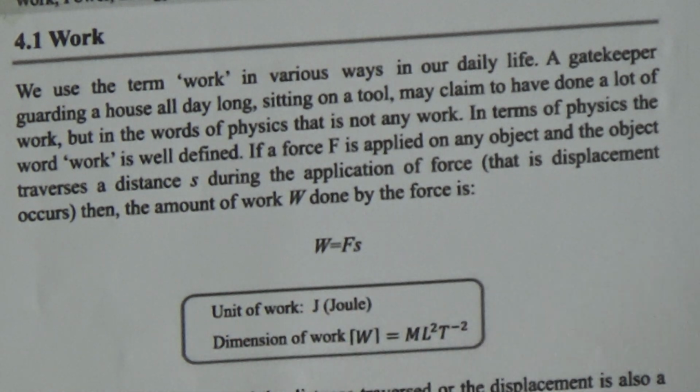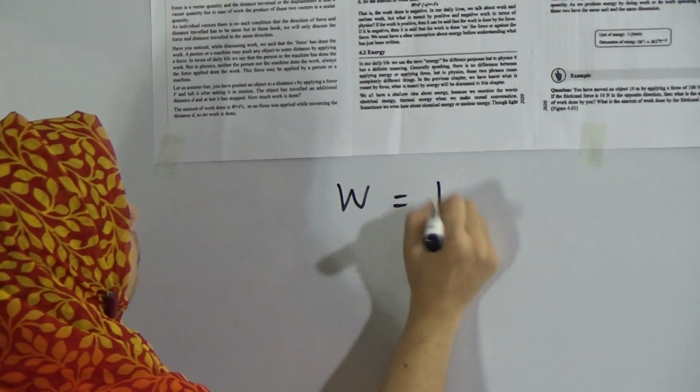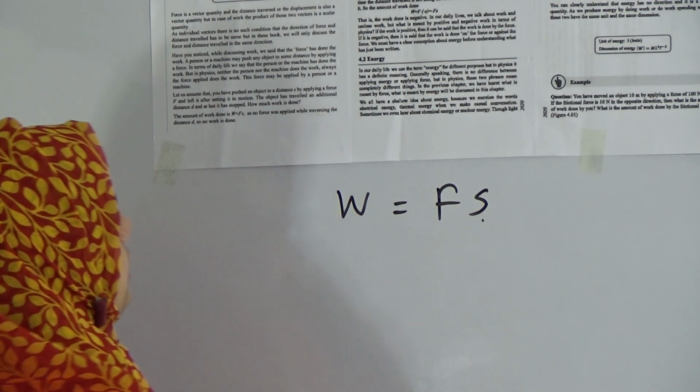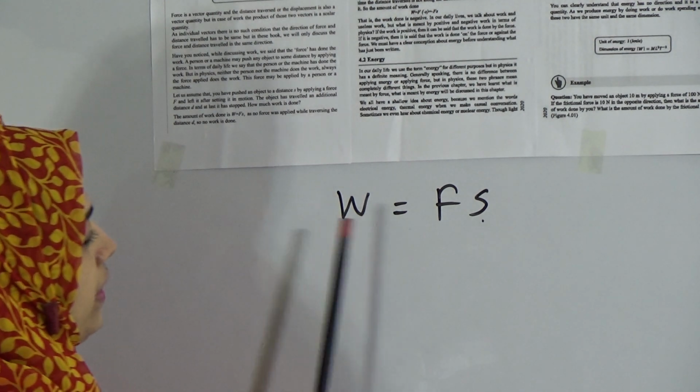Okay, my dear students, so let's see. We indicate work by W. W equals Fs. So here F is force and S is displacement, my dear students. So we can define the work like this.